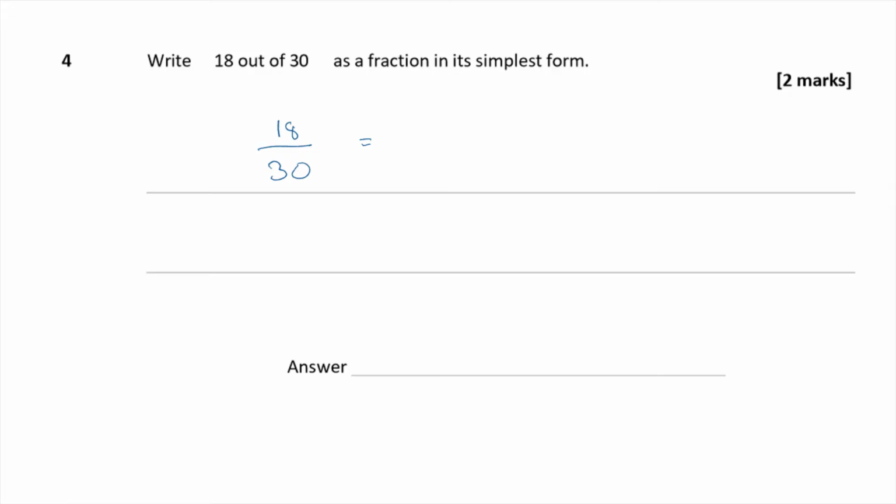Otherwise, you're going to have to do more jumps to get to the simplest form. Both of these numbers are actually divisible by 6. So 6 goes into 18, 6 goes into 30. So 18 divided by 6 is 3, and 30 divided by 6 is 5. So this cancels down to 3/5.